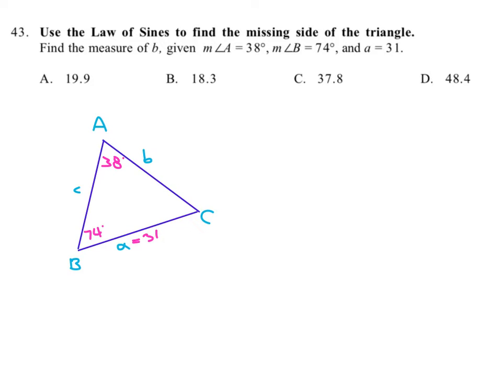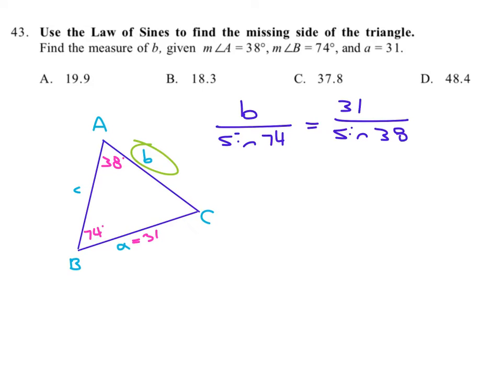And they want to know the measure of side b, which is perfect because that's opposite from an angle we know, and we can set this whole thing up just like a regular proportion for law of sines. So we can say b over the sine of the angle across from it, angle B, 74, is equal to a, which we know to be 31, over sine of A, which we know to be 38.